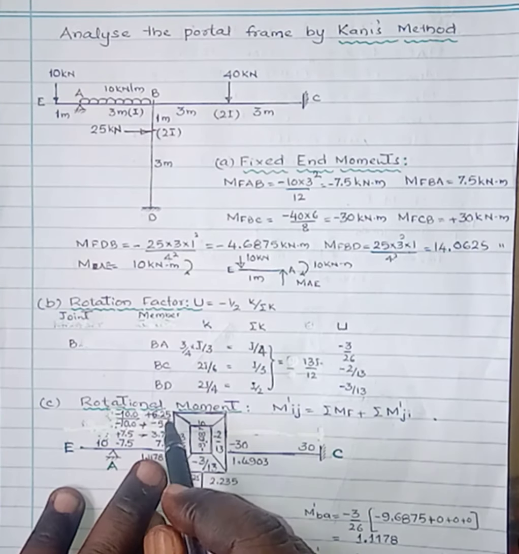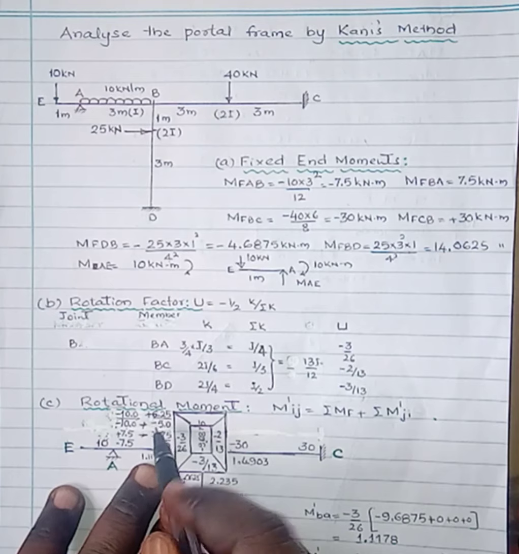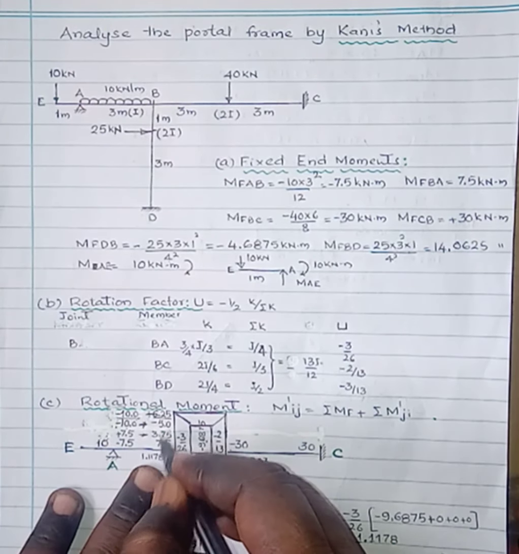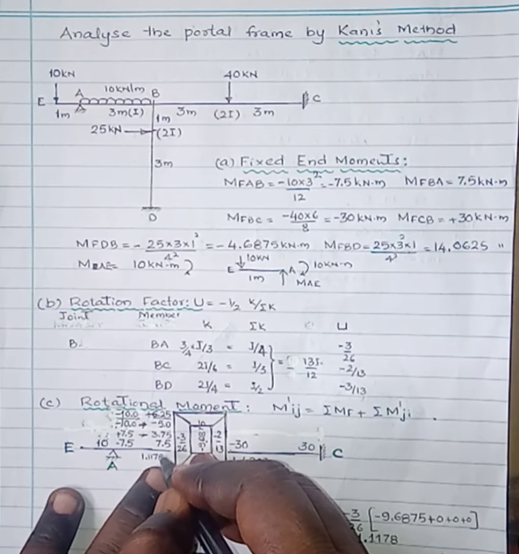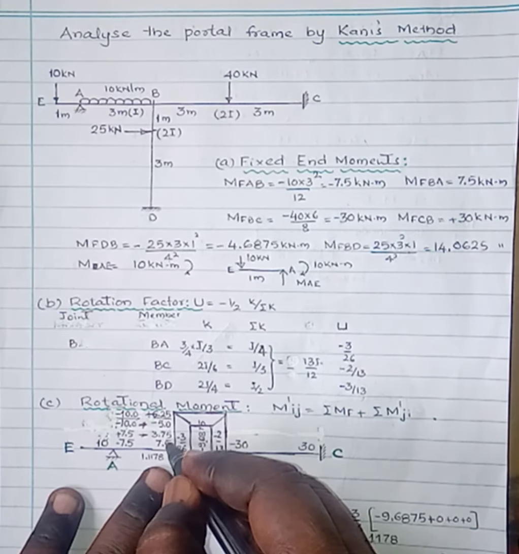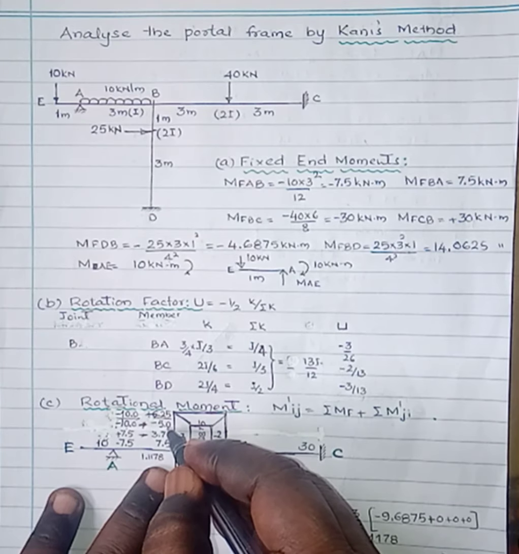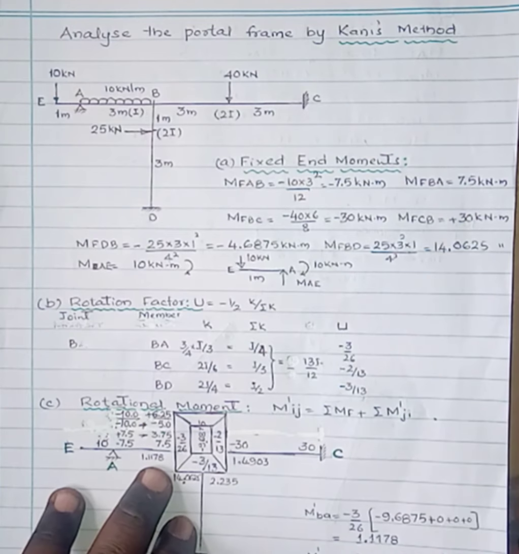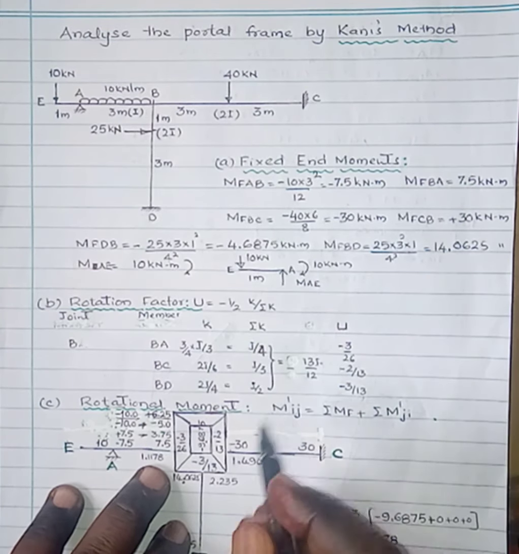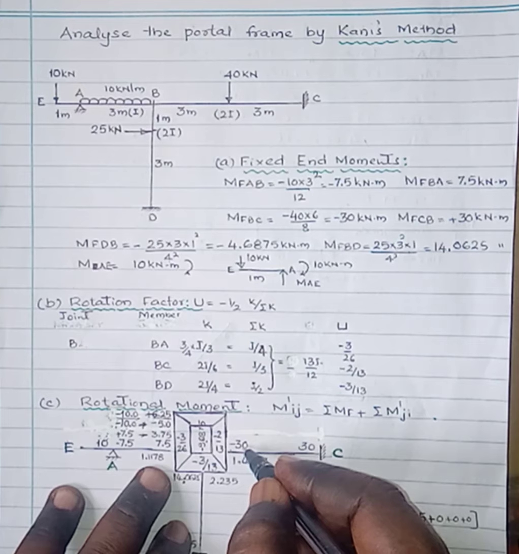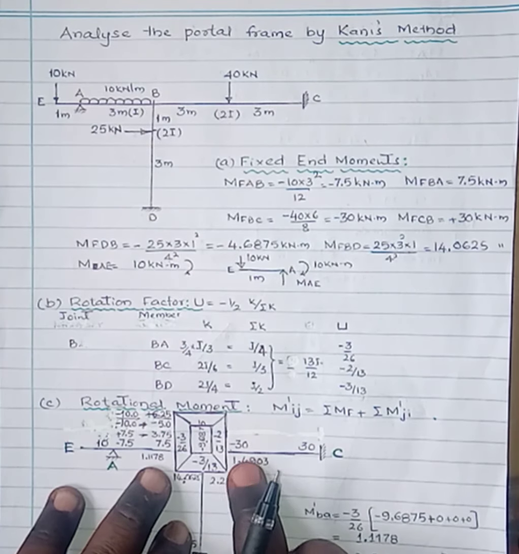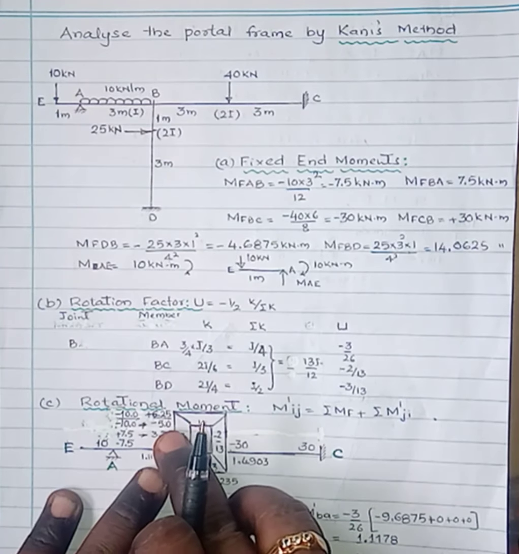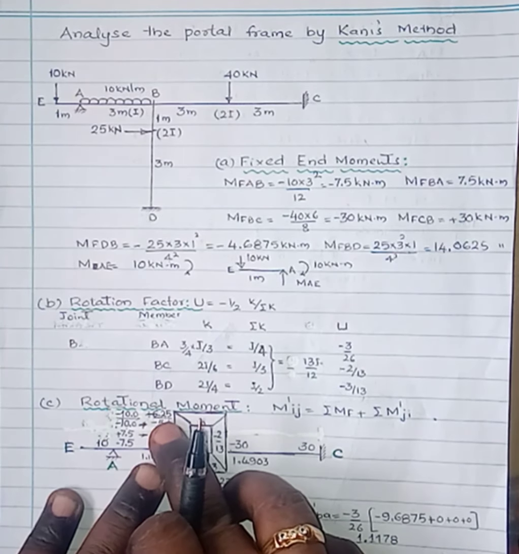Then the new fixed end moment after the carryover moments, we have to get the sum of the fixed end moments at this end, that is plus 7.5 plus 3.75 minus 5. The net moment is plus 6.25. Here we have already written the fixed end moments for BC and BD, and for BA that is 6.25.